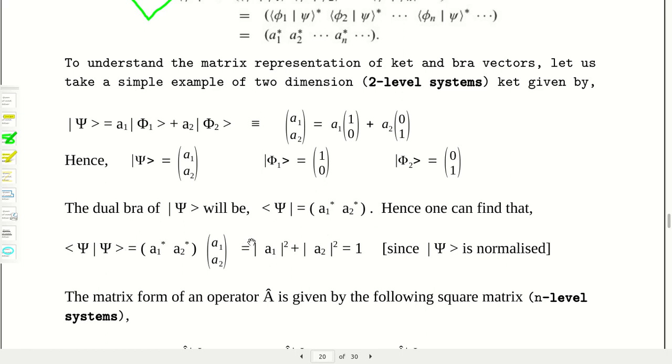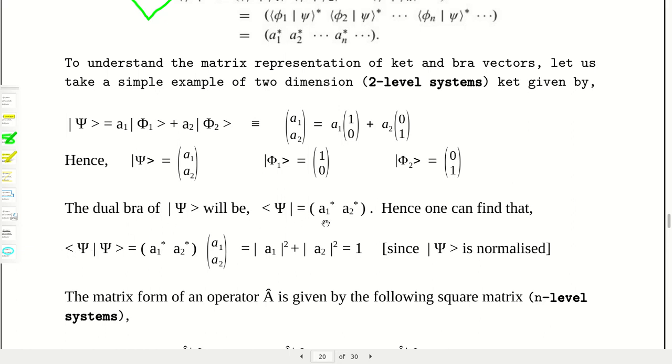Now check one thing, what is bra psi ket psi? You remember that in Hilbert space the inner product, that is bra psi ket psi, has the property that it will be finite and also greater than or equal to 0, that means positive. Let us check here.